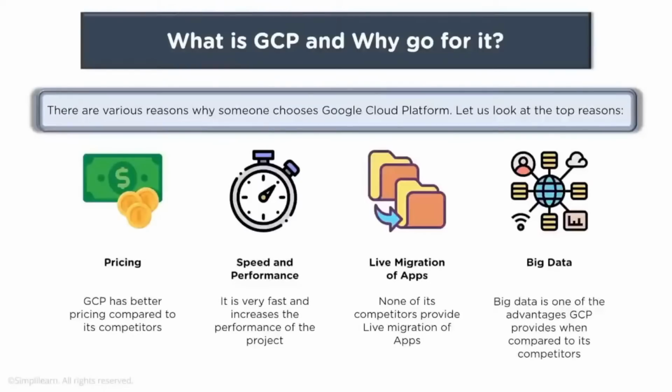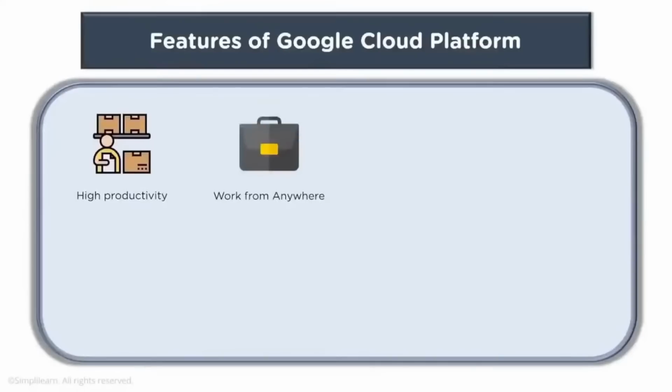As for features of Google Cloud Platform, it offers high productivity because you are using resources based on the same infrastructure which Google uses for its own use cases. You can work from anywhere provided you have an internet connection, and use different services offered via the web.